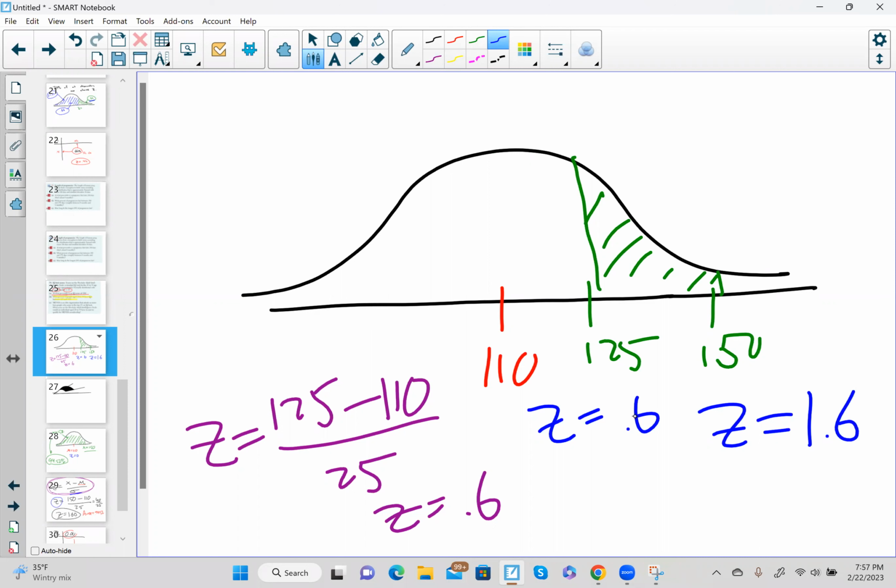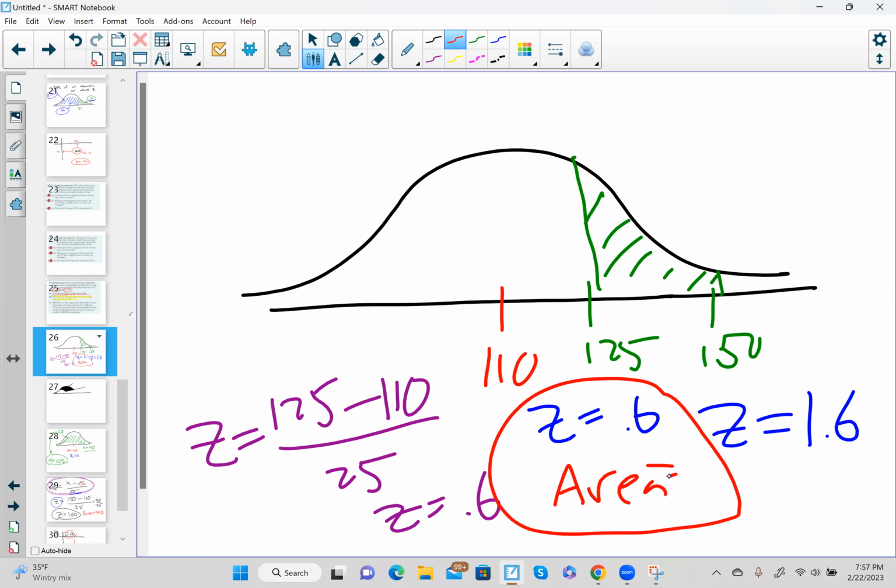Okay. So what I'd like to do is I'd like to look up the area for Z equals 0.6. I need to get that area. And I need the area for Z equals 1.6. You actually already know that. That's 0.9452.